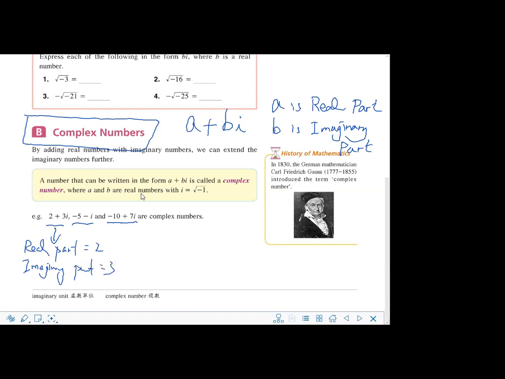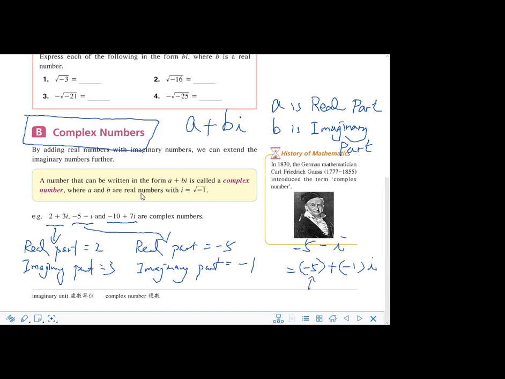And for -5 minus i, the real part is equal to -5 and the imaginary part is equal to -1, because -5 minus i is -5 plus -1 times i.